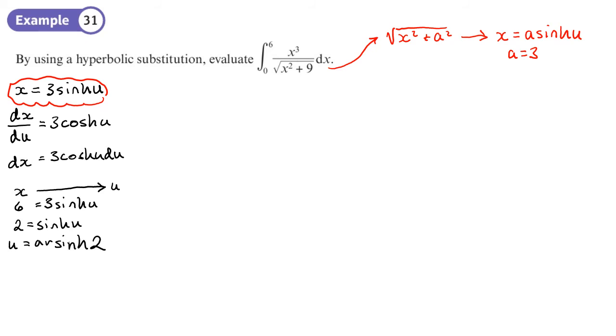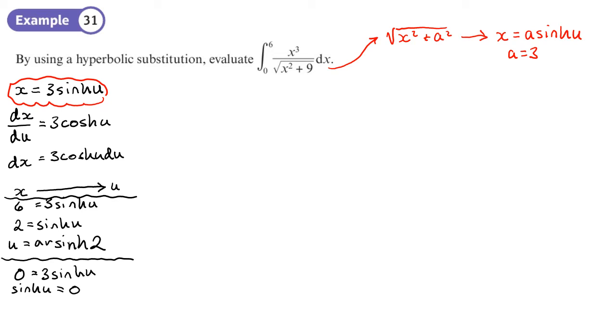Now I do the same thing with the other limit, which is 0. So 0 equals 3 sinh u. Again, I want to work out what this is in terms of u, so divide both sides by 3, leaving sinh u equals 0.